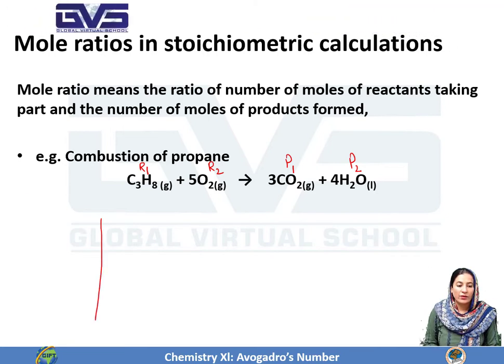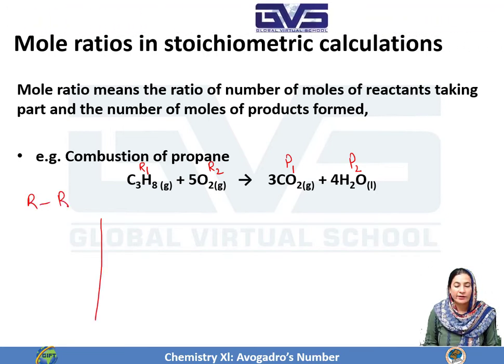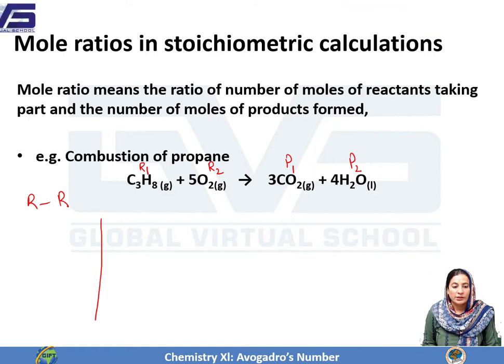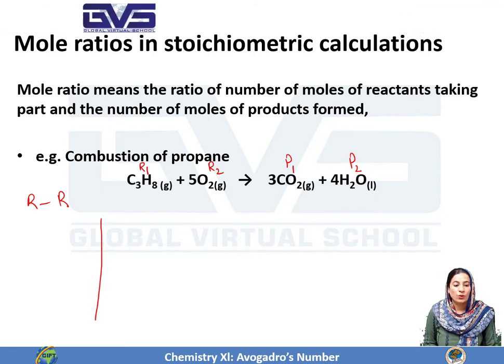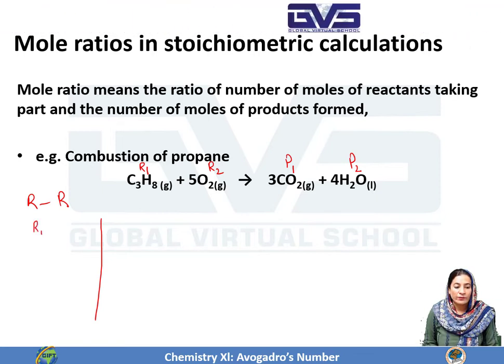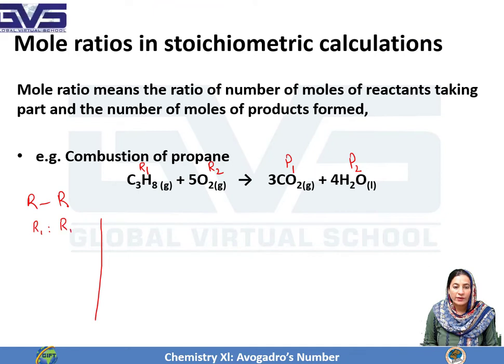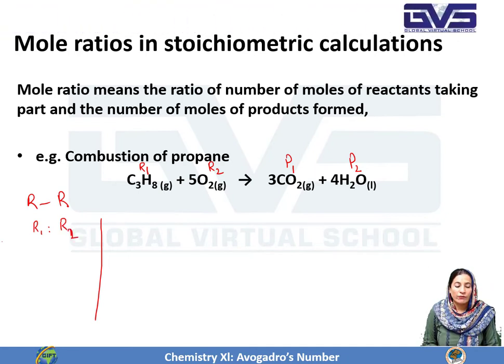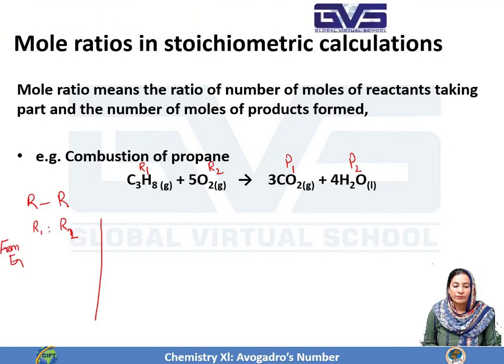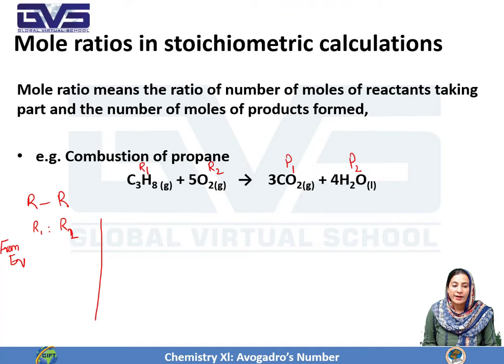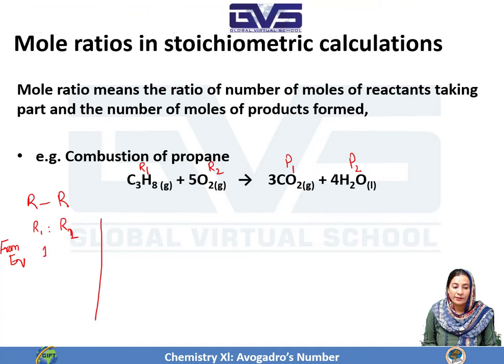First is the reactant and reactant relationship. So here are two reactants. Reactants can be more than 1 or 2. So we will discuss the reactants relation, R1 and R2. From the balanced chemical equation, this shows when reactant 1 is 1, then reactant 2 is 5.